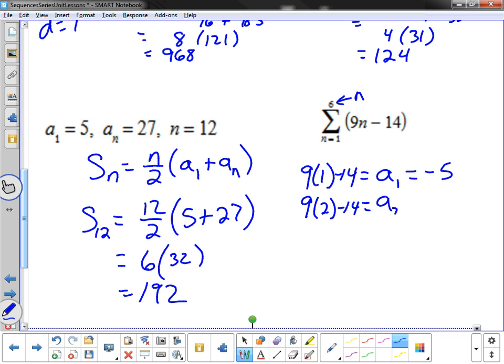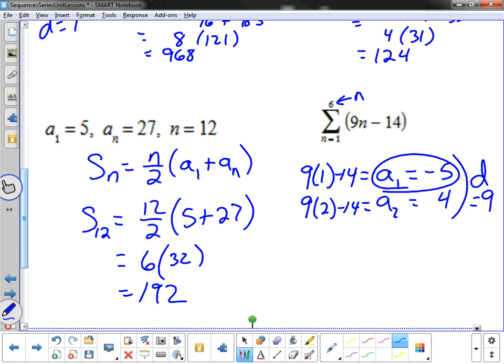That's my second term, which would give me 4. Okay, so now I have the first two terms. I should be able to find the common difference between those. When I look at these two, the common difference is 9, because I have to add 9 to negative 5 to get up to 4. So now I have the common difference and I know the first term.